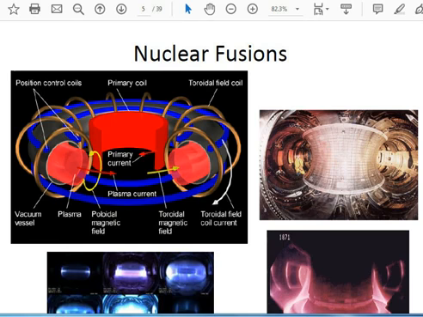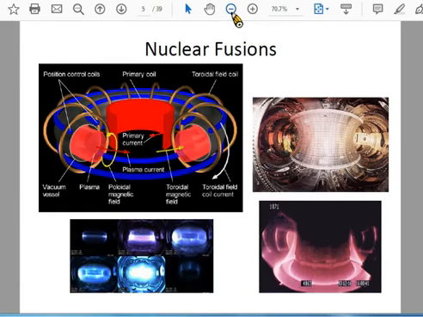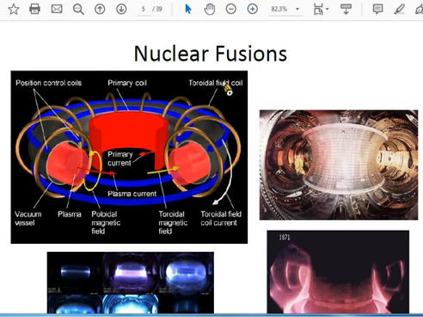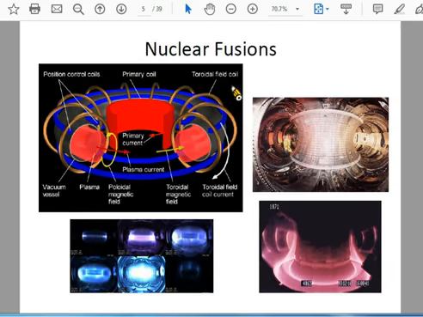And since the fusion process in the sun can generate a very large amount of energy, people try to run the fusion process to generate electricity, a huge amount of power. So here is a nuclear reactor.